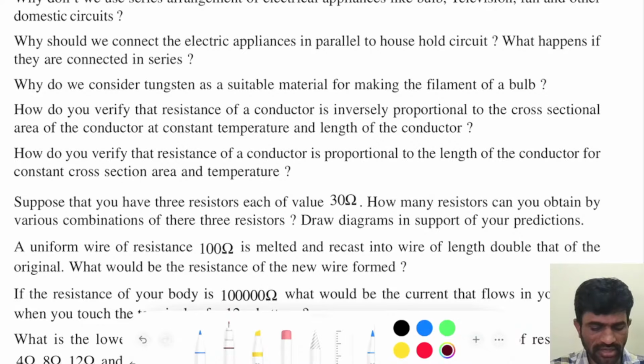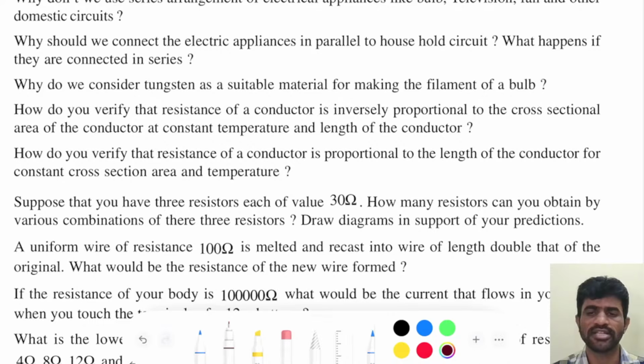How do you verify that the resistance of a conductor is inversely proportional to its cross-sectional area at constant temperature and length? We have factors affecting resistance. One is that resistance is directly proportional to the length of the conductor. Another is that resistance is inversely proportional to the area of cross section.